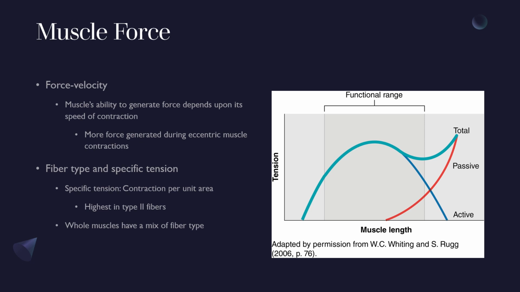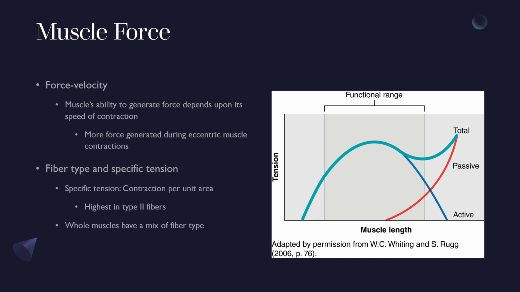In eccentric or elongation muscle contractions, the muscle is lengthening while producing force. The force-velocity relationship for eccentric contractions indicates that as the velocity of lengthening increases, the force that the muscle can resist or produce increases. In other words, as the speed of muscle lengthening increases, the force it can withstand or generate increases. So it's exactly opposite of the concentric.